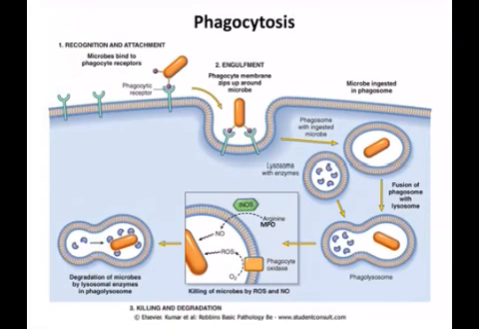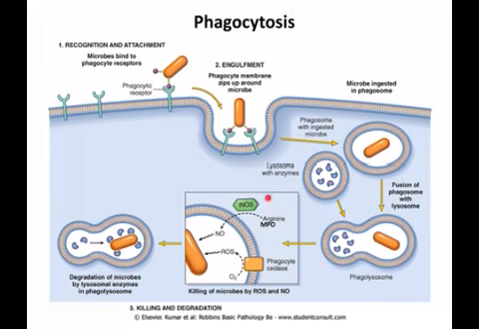And then this is the process of phagocytosis. So once the microbes are identified by the macrophages, they are going to engulf the pathogens, and once the pathogens are engulfed, they form a phagosome, and then later they combine with a lysosome, which finally forms a phagolysosome.